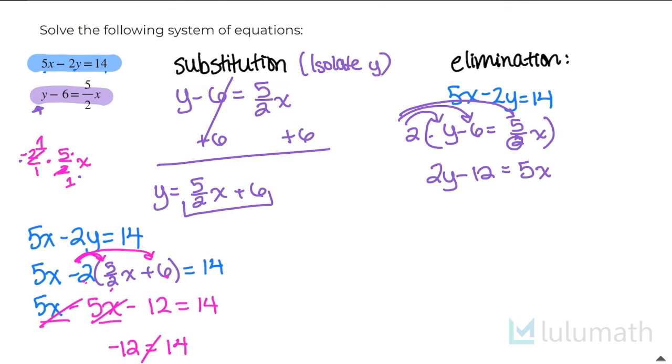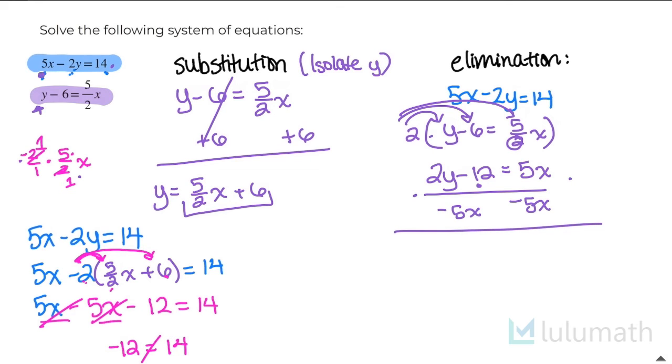have it so that the x's and the y's are on the left side, and then the constant is on the right side. So I'm going to rearrange this purple equation right here, so that I can put the x's and the y's on the left side, just so it matches and lines up with the blue equation, and then we're going to put the constant over onto the right side. So I'm going to subtract 5x to put the x's and the y's on the same side.